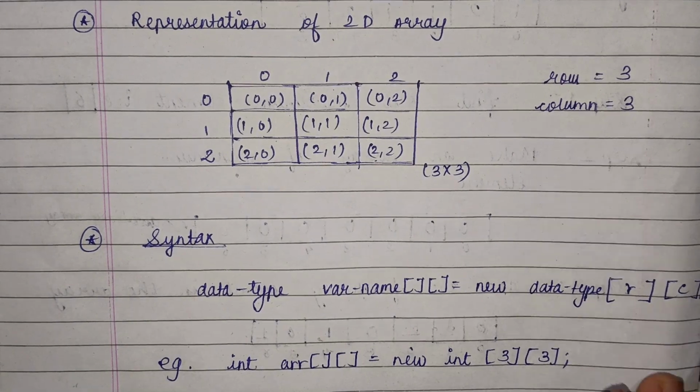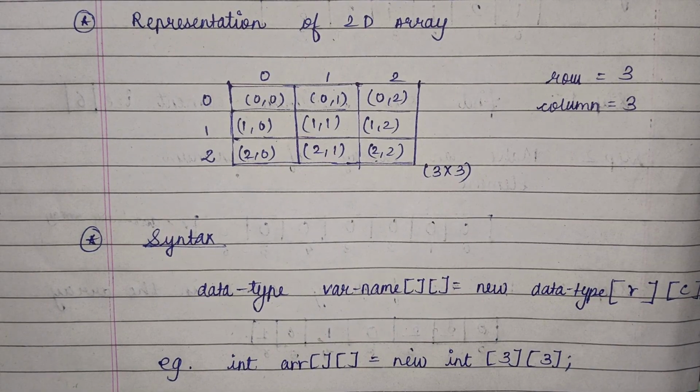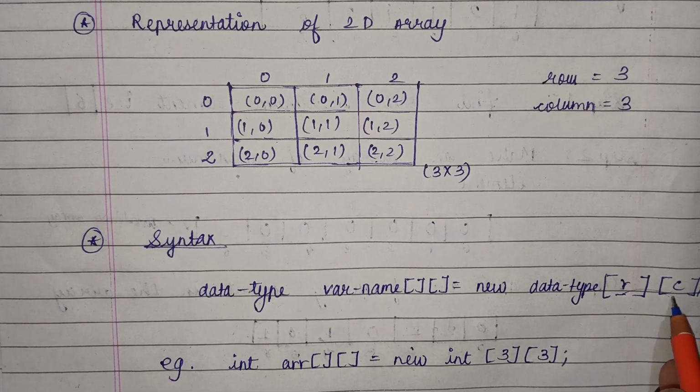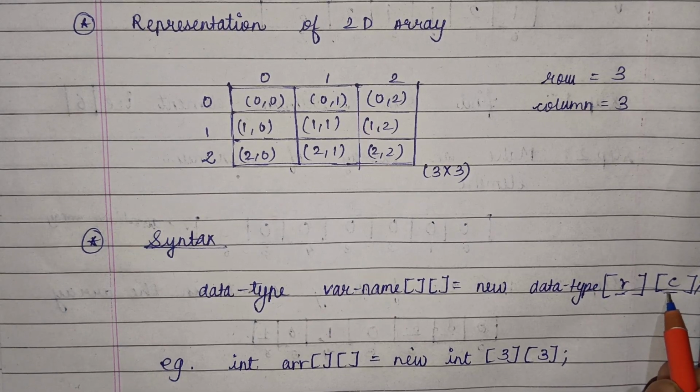To create the new matrix or 2D array we have to write the new keyword. The new keyword is for dynamic allocation, and then we again write the data type of the 2D array, followed by the number of rows we want in our 2D matrix and the number of columns we want.